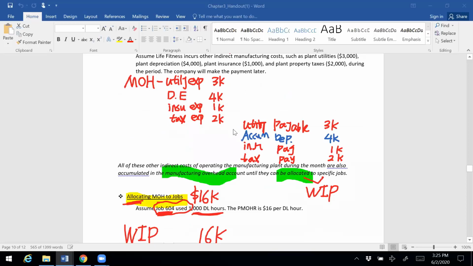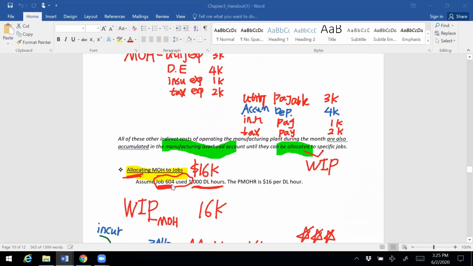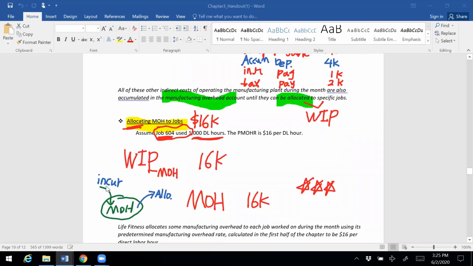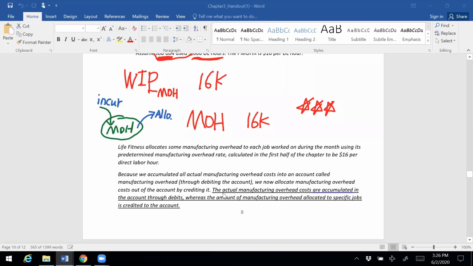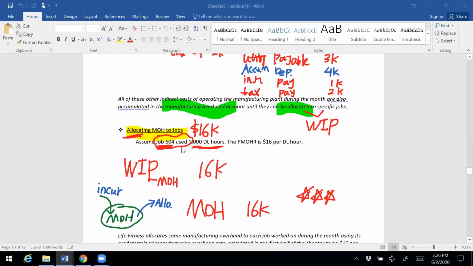We first put in the manufacturing overhead. It's like a swimming pool. When it incurs, we put more water, so we debit manufacturing overhead. But when you allocate it, we know how much it is, then we put it to work in process and decrease the manufacturing overhead. That is allocating manufacturing overhead to each specific job.